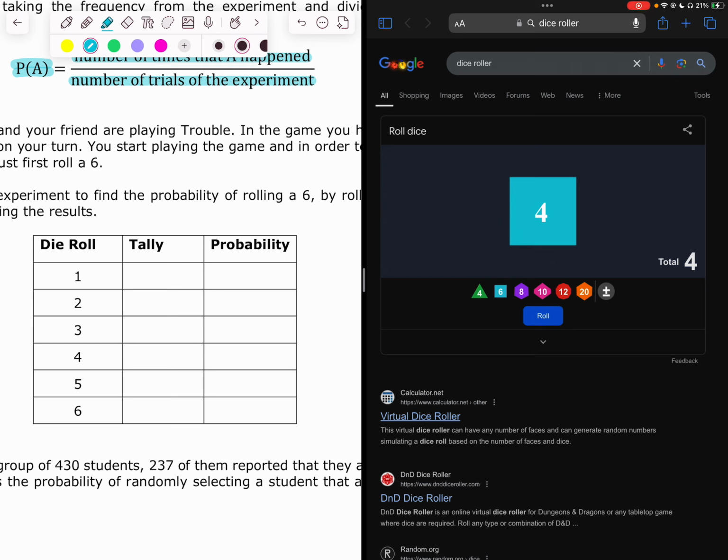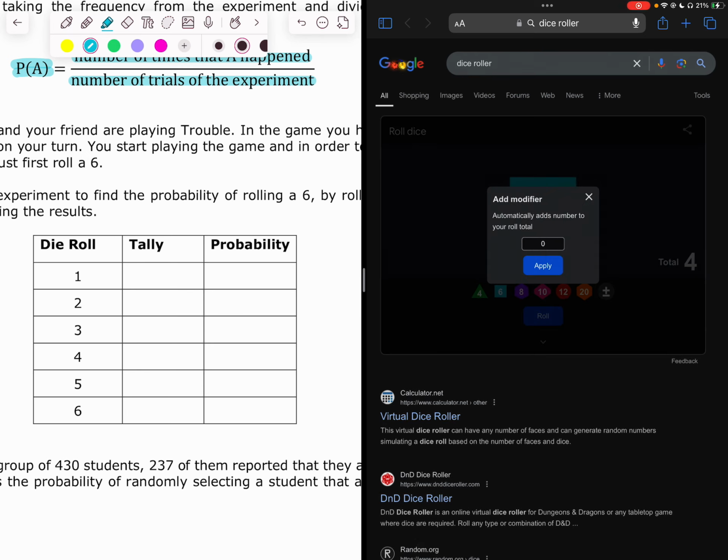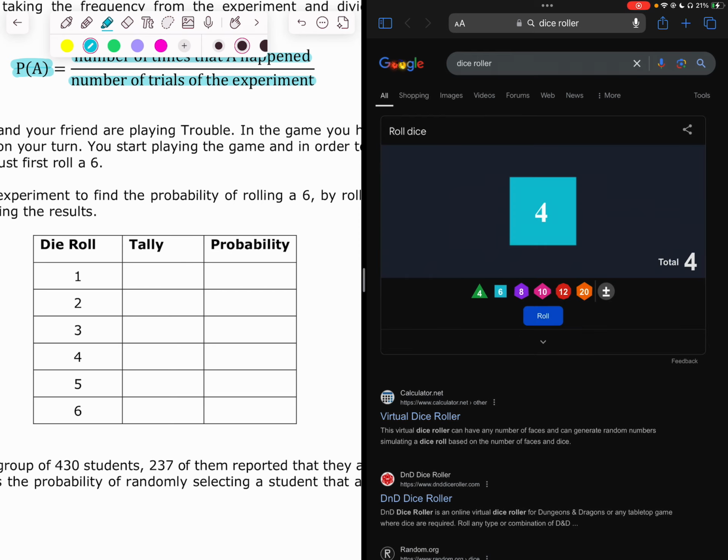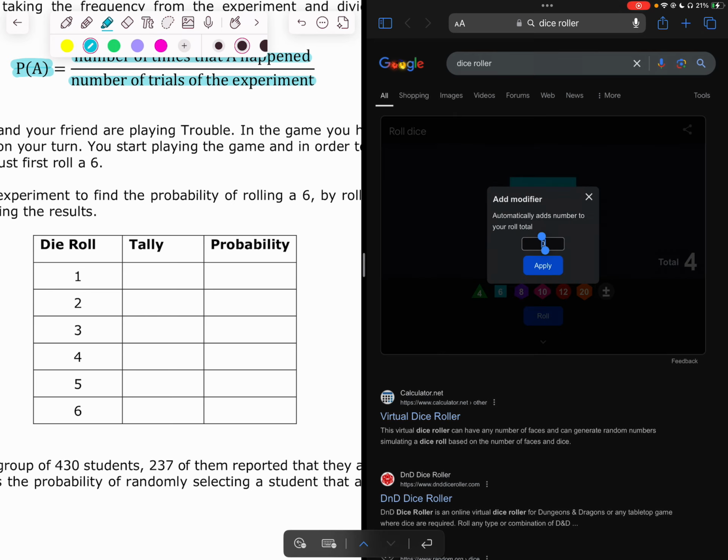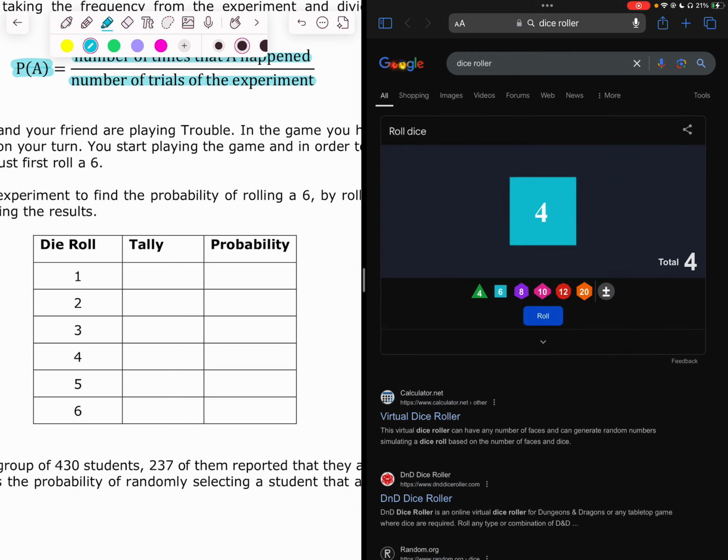You can use a 4-sided, 6, 8, 10, 12, or 20-sided dice. You can roll multiple dice if you want to. You can also add or subtract a number to your dice roll. But we just want to roll one dice and we're going to roll it 20 times.